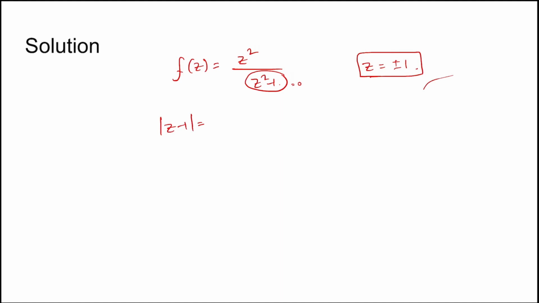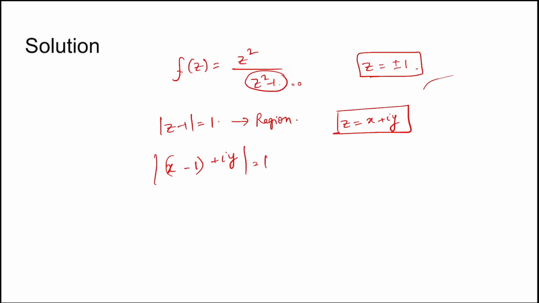Now the region is mod z minus 1 equal to 1. This is the region. So what does it signify? It is x minus 1 plus iota y, because z is x plus iy, which is a complex number. We are separating the real and imaginary parts and then trying to find the modulus.